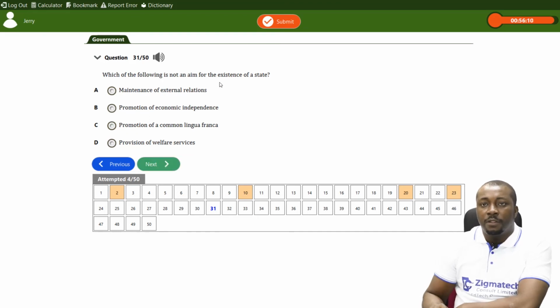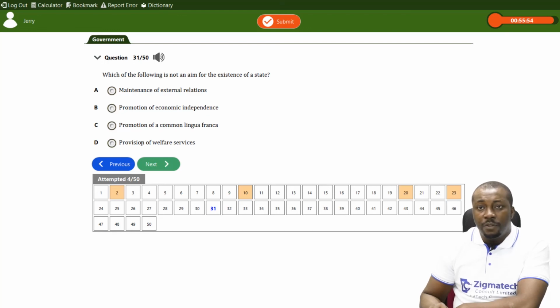Now, which of the following is not an aim for the existence of a state? A, maintenance of external relations. A state aims to maintain the promotion of economic independence, promotion of common lingua franca, provision of welfare services. Now, a state will want to maintain external relations.